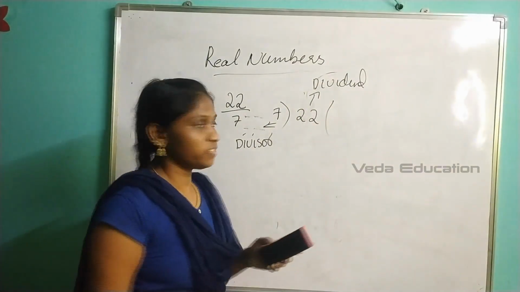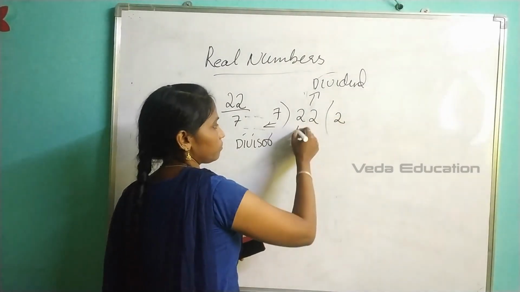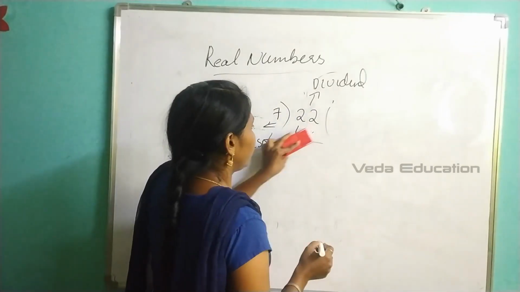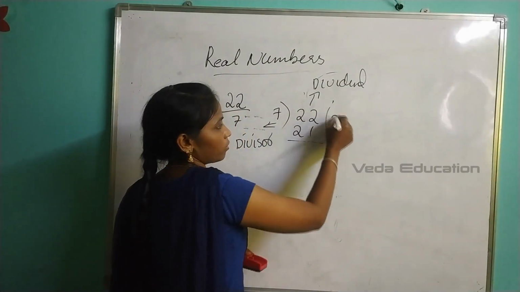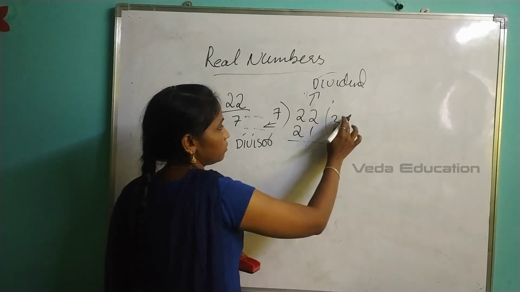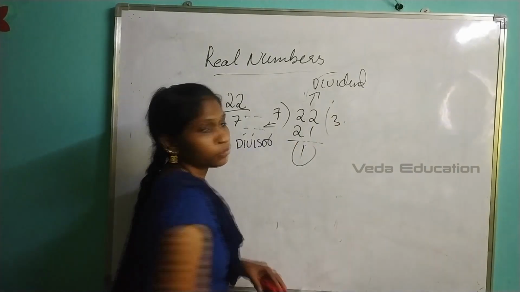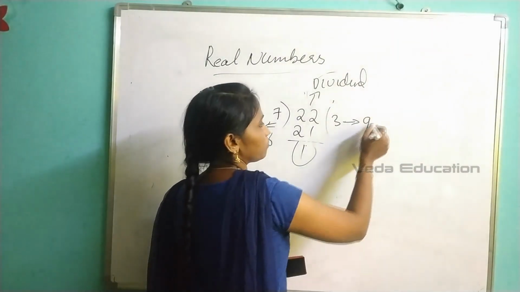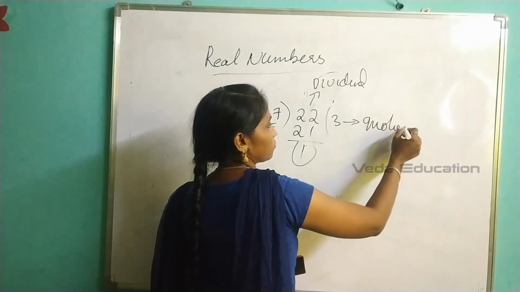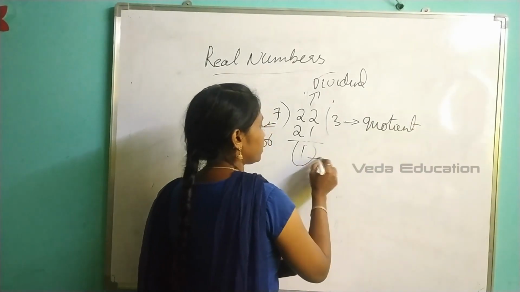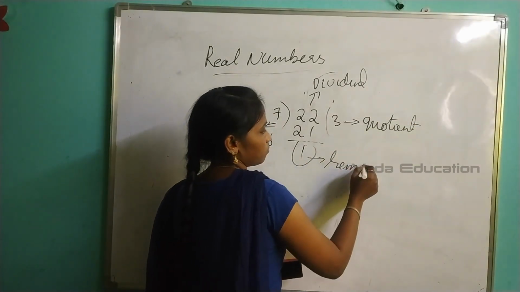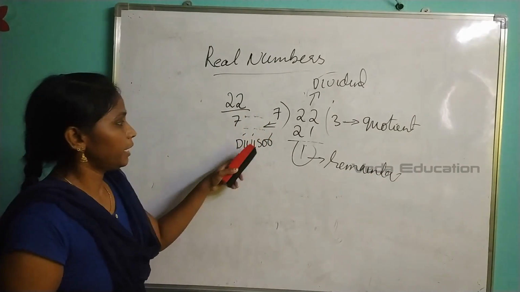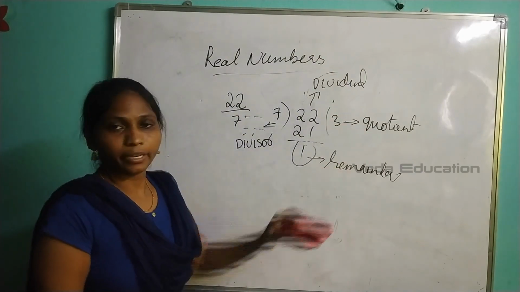Now do the division. 7 2s are 14. 7 3s are 21. One is left, so it is not exactly divisible. This is the quotient and this is the remainder. Now here we got divisor, dividend, quotient and remainder.